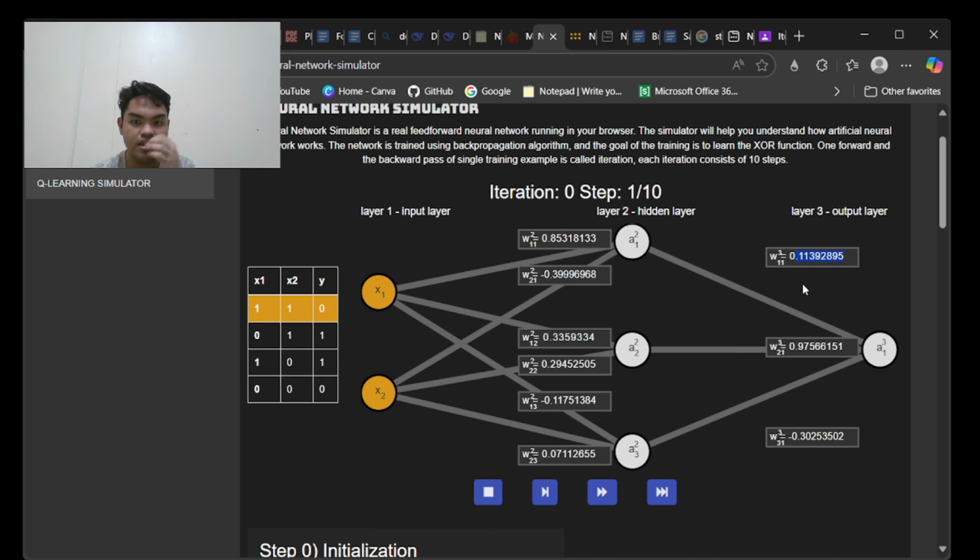This is like asking how wrong were we? Target is 0, we got 0.1139, so our mistake score is 0.975661.